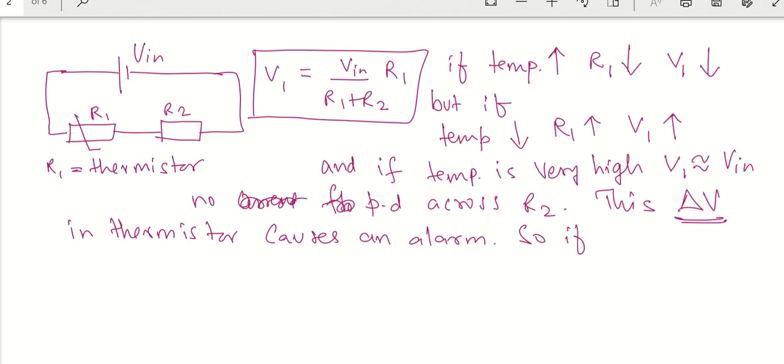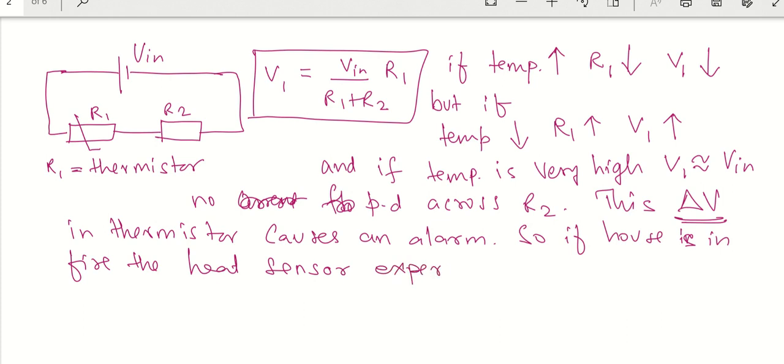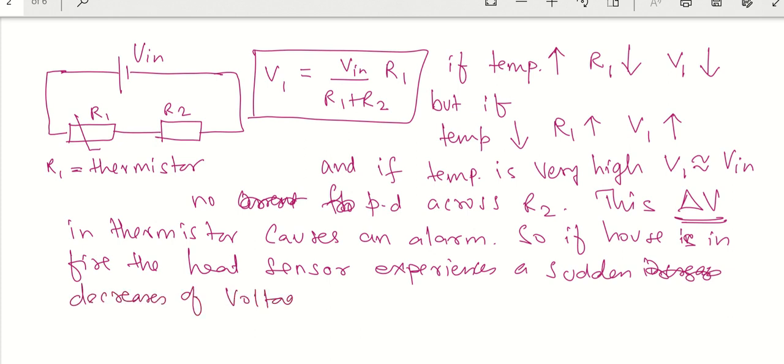So if the house is on fire, the heat sensor experiences a sudden decrease of voltage.